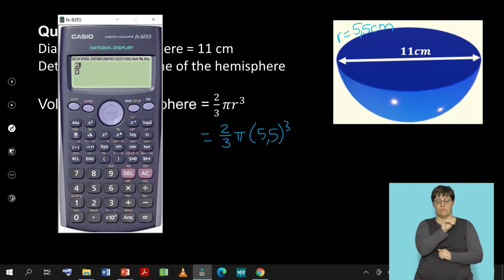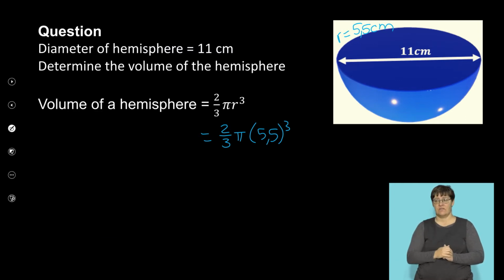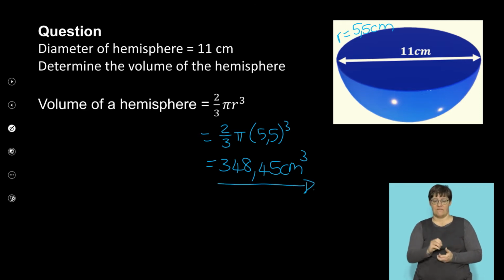We've got 2 over 3 multiplied by pi times my radius cubed, which is going to give me 348,45. And this will be in terms of centimeters cubed, as it is a volume.